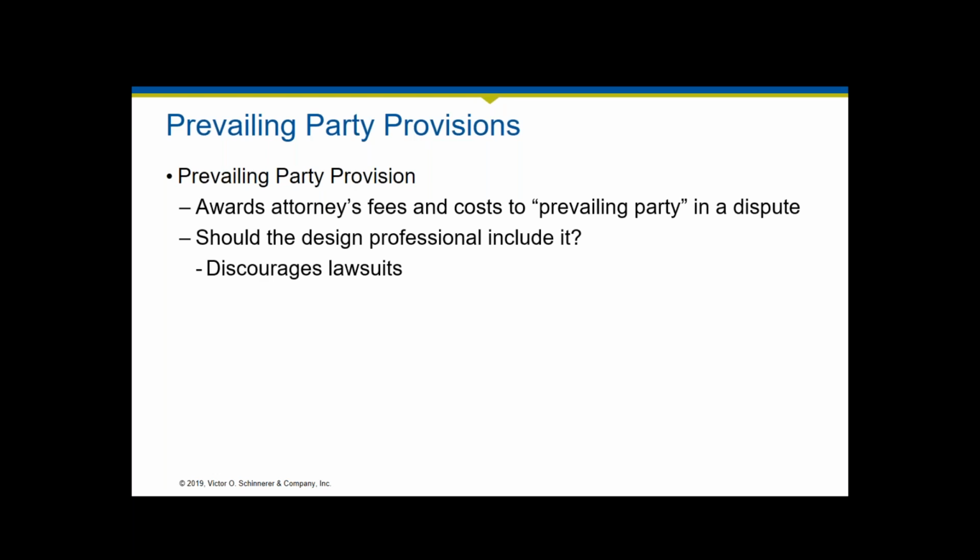Maybe this type of contractual provision discourages the owner from filing a lawsuit against you to begin with. So it discourages lawsuits, it discourages weak cases, and essentially encourages negotiations.